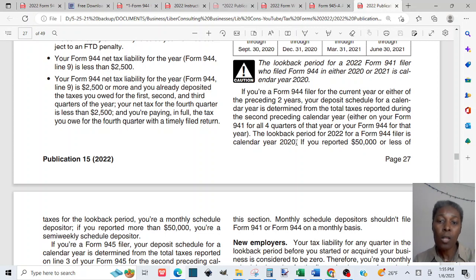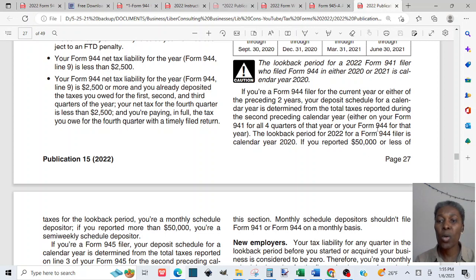But the look back period for 2023 to set your schedule this January 2023, for a Form 944 filer is calendar year 2021.